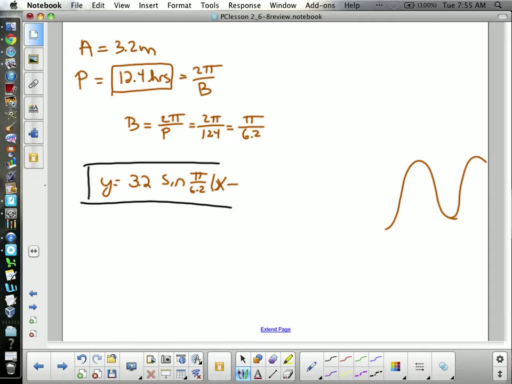That's our phase shift. We're phase shifting 1/4 of a period to get from 0 down to here. So 1/4 of 12.4 is 3.1, so it would be minus 3.1.